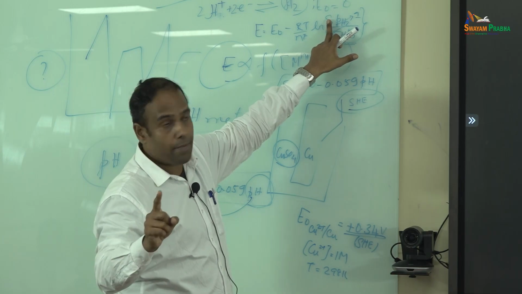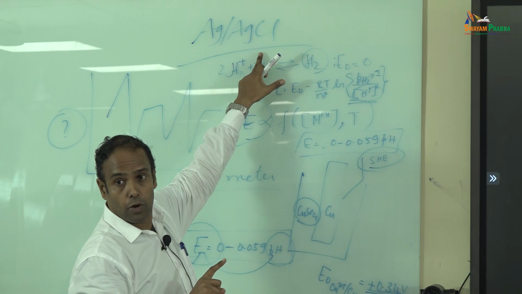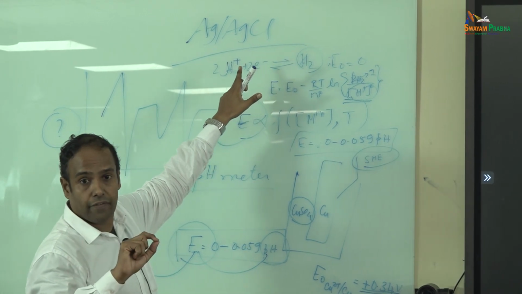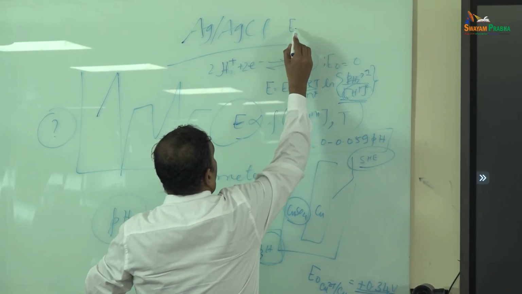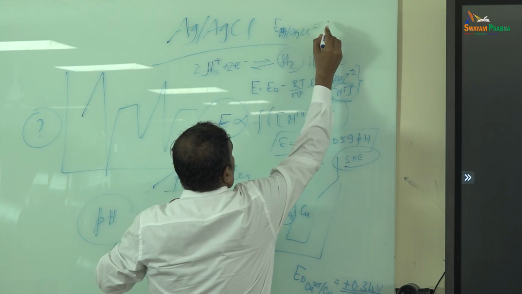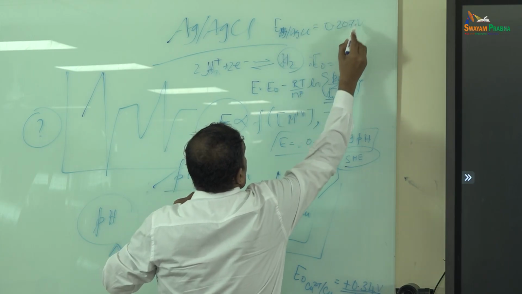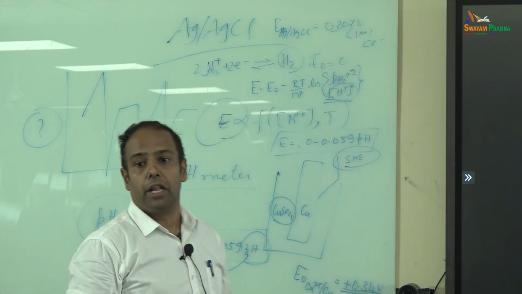If I can do the same with a different compound of silver and silver chloride having an electrochemical interface, I will have a reference electrode made, and that will have its own value. Typically, based on certain concentration it will vary, let us say for a given chloride concentration, 207 millivolts.